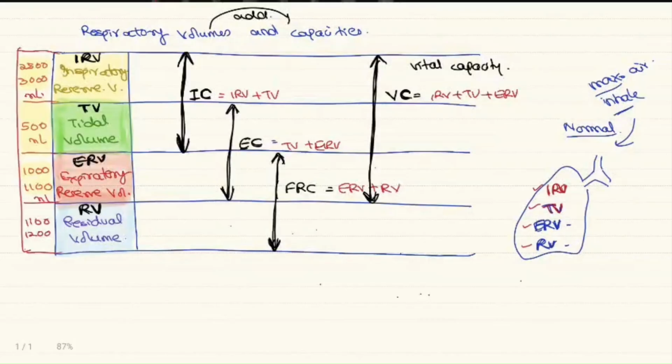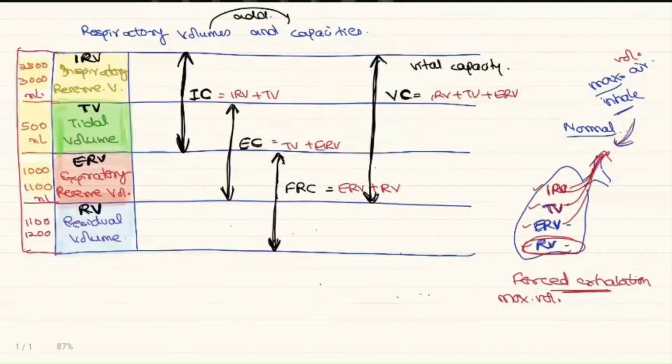So of this, how much can I exhale? The maximum exhalation process. So if I go for forced exhalation, how much can I exhale? So if you remember, except RV, I can remove all the three from my lungs. So this is called as the vital capacity.